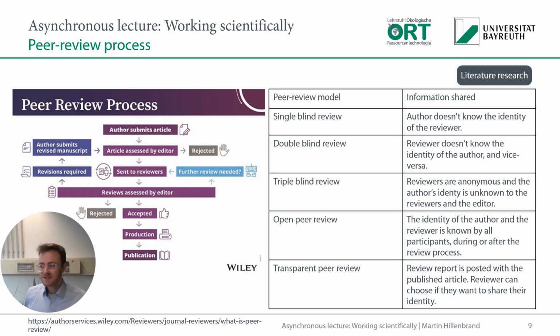In the case of the transparent peer review, the review report is also published with the article, and the reviewers can choose if they want to share their identity. And that way it's pretty cool, because then you can see, okay, what did they highlight?